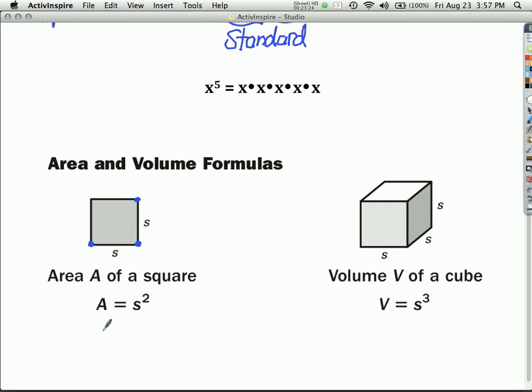Same thing with a cube. This distance is the same as this distance, and it's the same as this distance. To find a volume of a cube, you have to multiply length times width times height, but they're all the same. So we can just say that it's s cubed. So area of a square is s squared, volume of a cube is s cubed. And we're going to be utilizing these today.